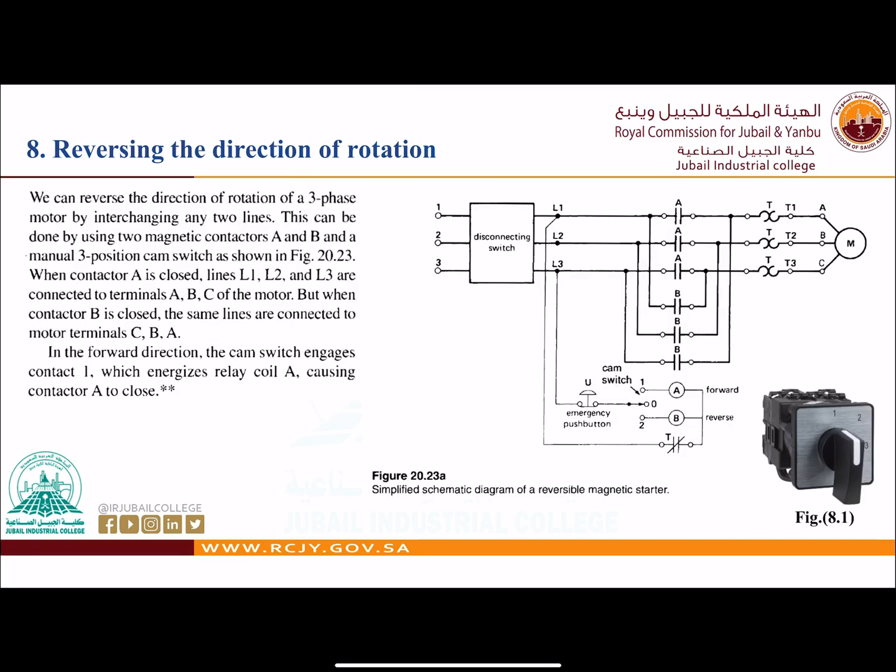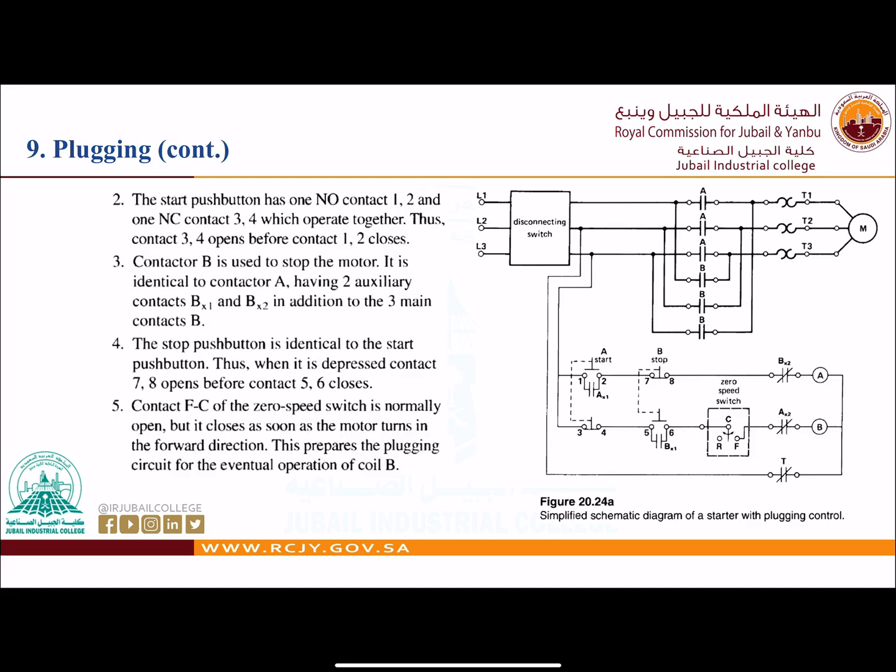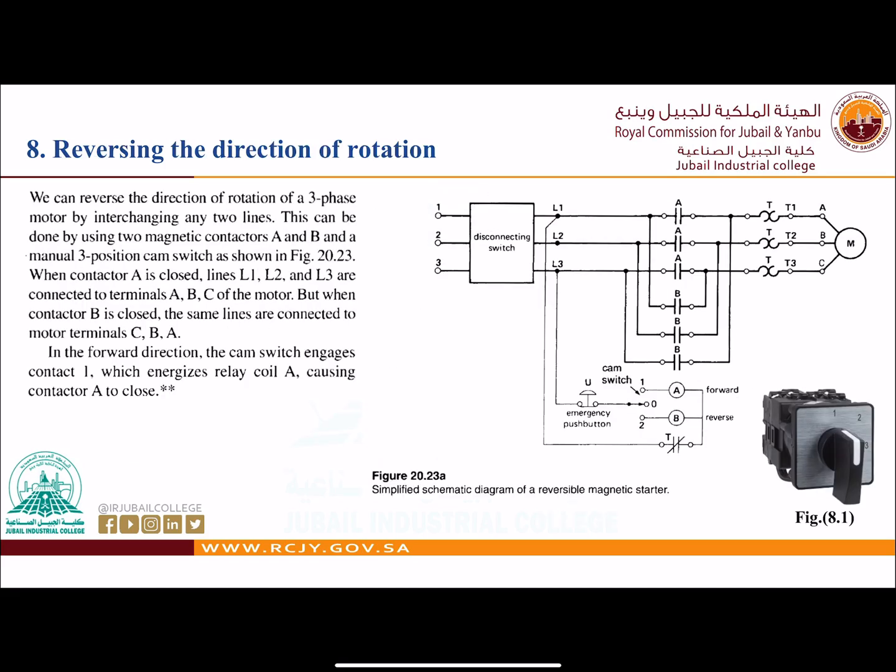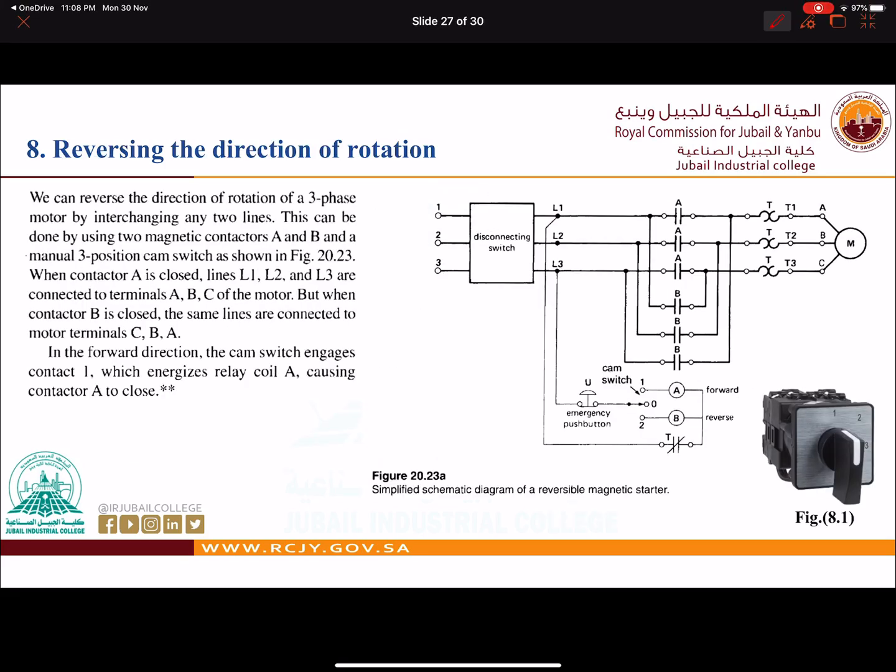This is the reversing of the motor. We know that in case we need the motor to go forward or reverse, we only need to interchange between any two lines. So if we have 1 2 3, then we are going forward.